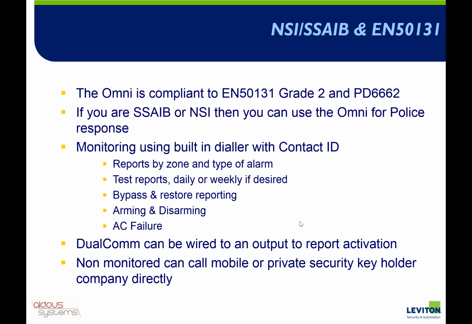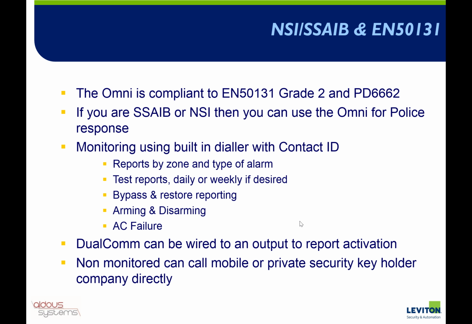If, however, you want to get into police response, i.e. having the police called out when your alarm goes off, then you need to have some approvals in place. And you as an installer need to either be SSAIB or NSI approved. The equipment needs to comply with EN 50131 and be graded, and PD 6662 in the UK.